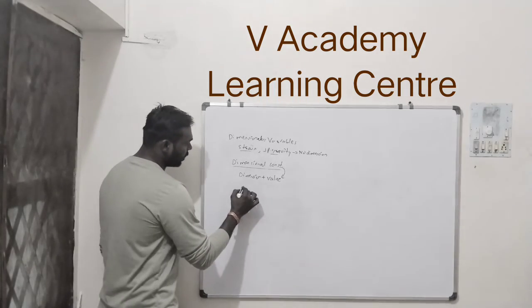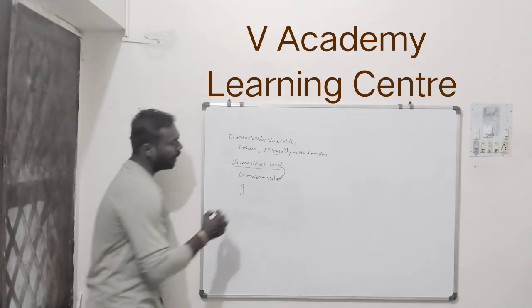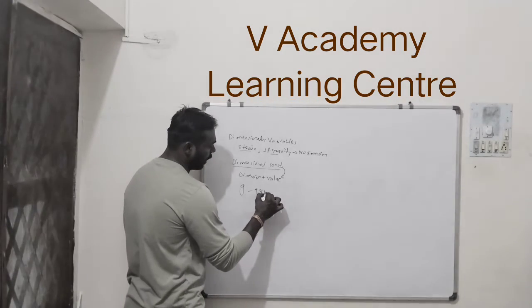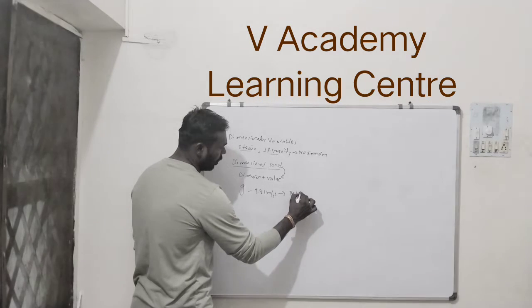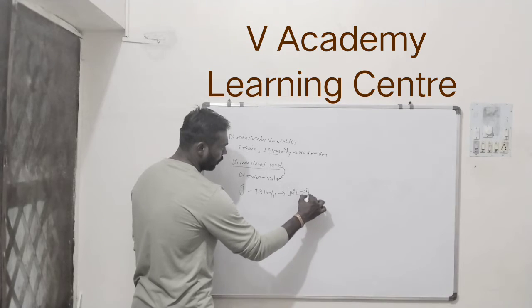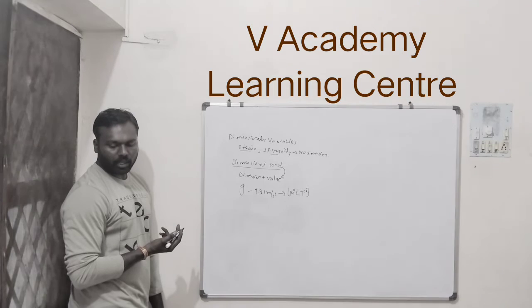Example, acceleration due to gravity. The value is 9.81 meters per second square, and the dimensions are M L T to the power of 0, 1, minus 2. We have the speed of light.